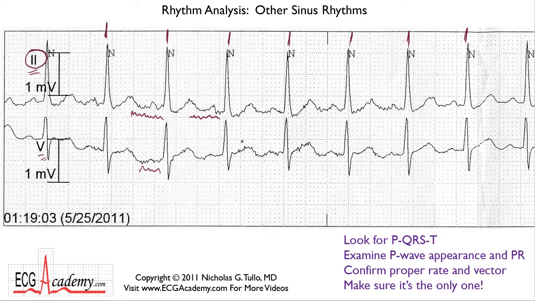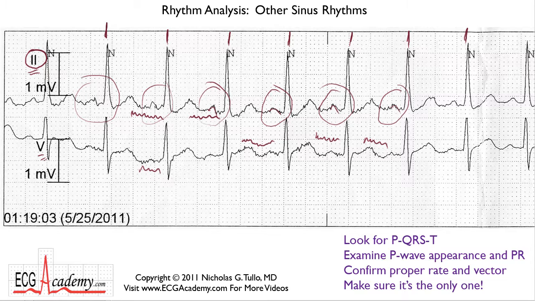But it's this high frequency noise that makes it a little bit harder to recognize what's going on. But you have to look past it. That's the key. Ignore the noise and look in front of each QRS complex for a signal that looks consistent. Because if you have a P wave, then you should be able to get a sense that it's there.